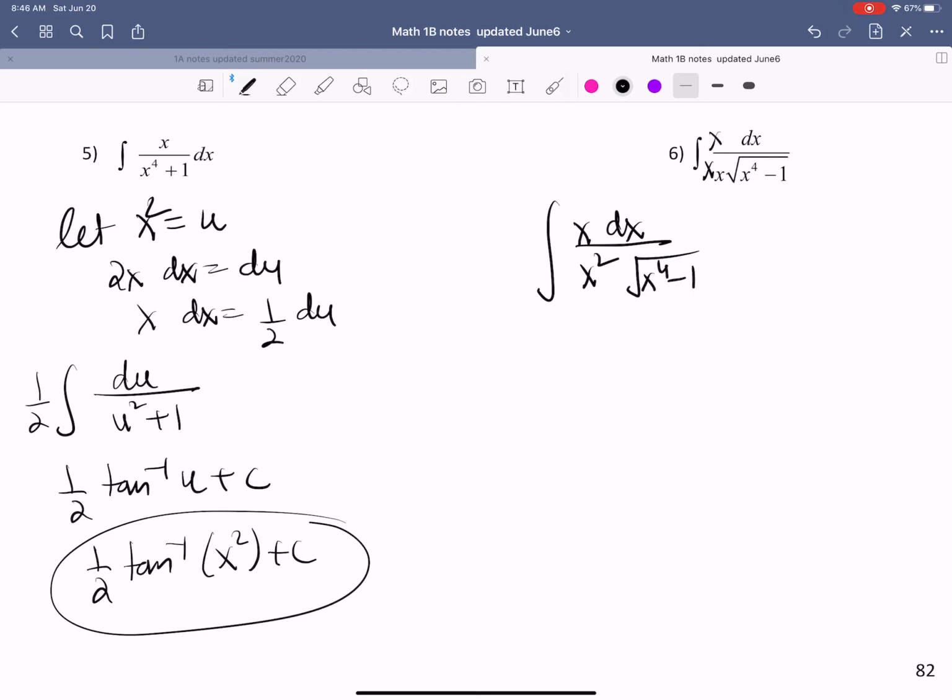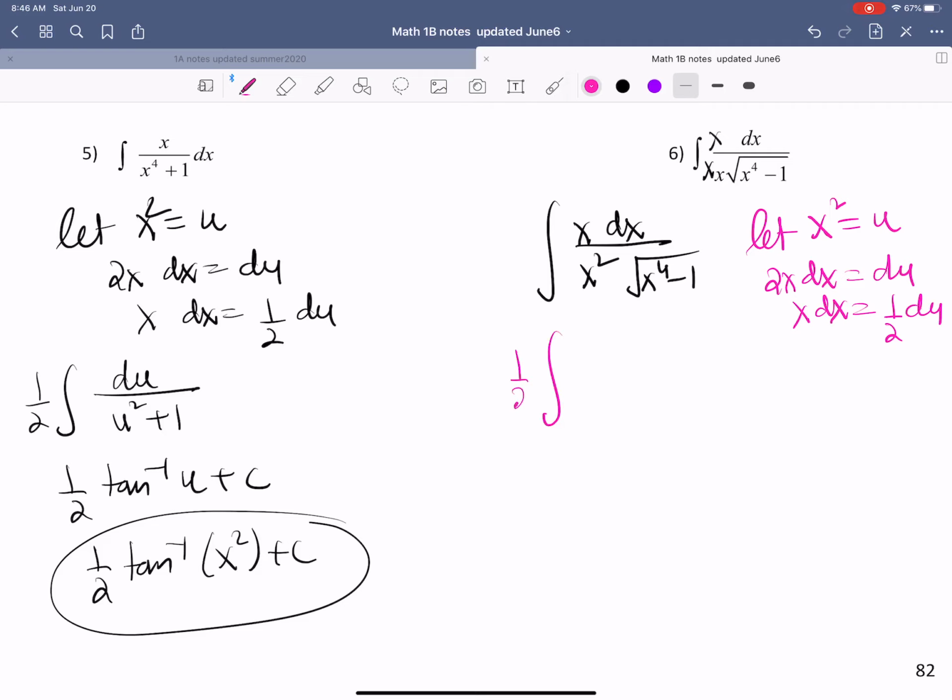Now I'm going to let x squared be u. 2x dx be du. x dx be 1/2 du. So I'm going to change this integral into u integral now.